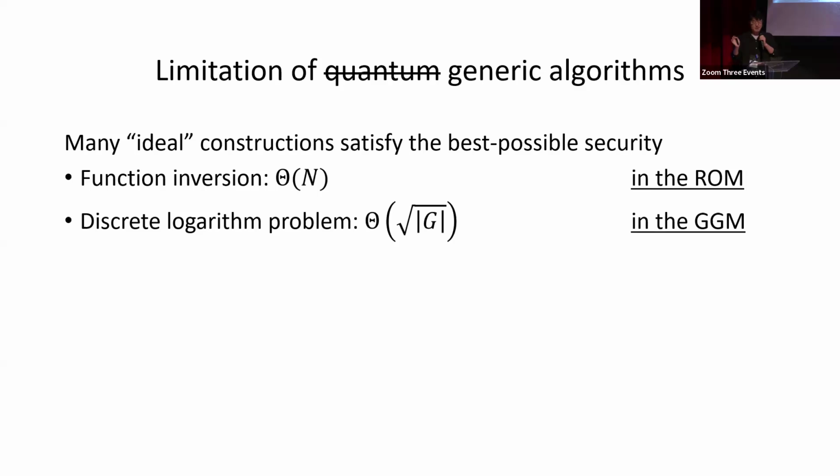In this model, function inversion is sufficiently hard and requires n queries to the function, where n is the size of the domain. And for the discrete logarithm problem, it requires square root of G group operations, where G is the size of the group.